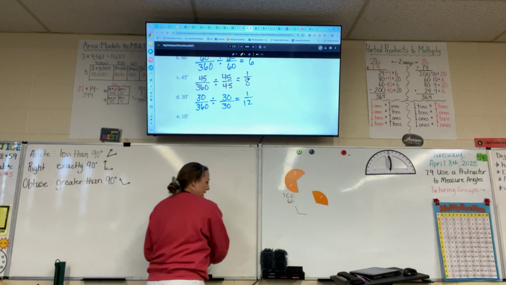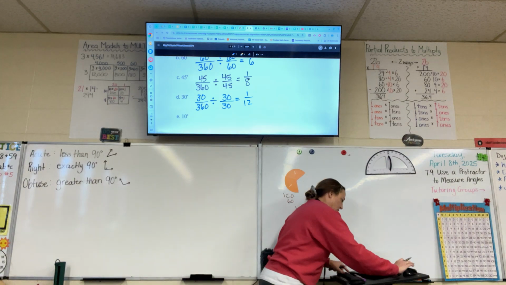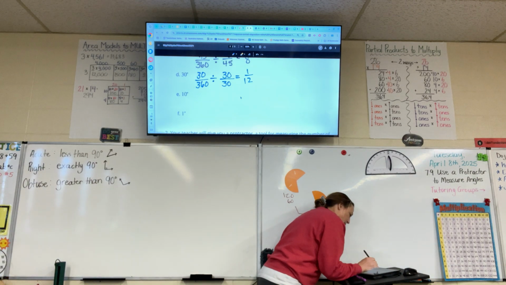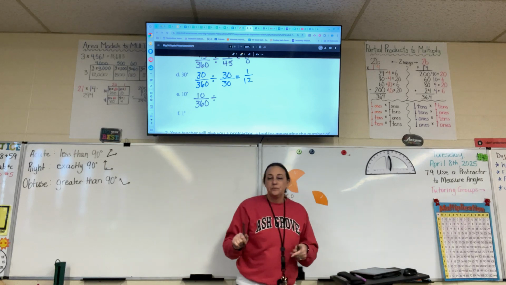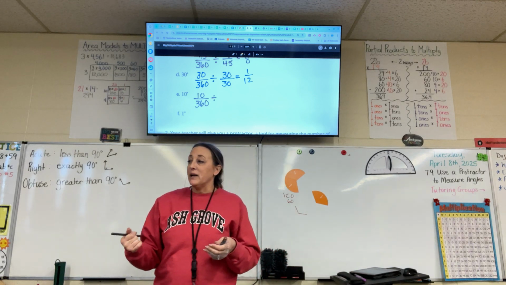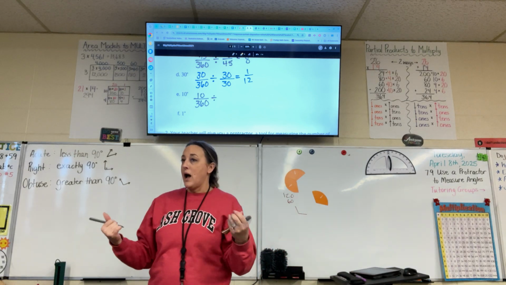Next we have a 10-degree angle. And we've talked about the 10-degree angles, I think, on the last lesson. So I know for sure that I can divide 360 by 10. Why?